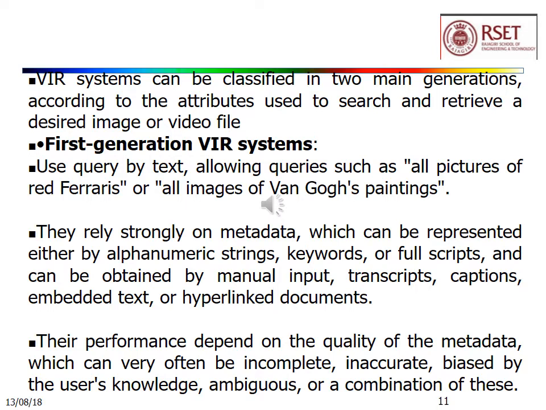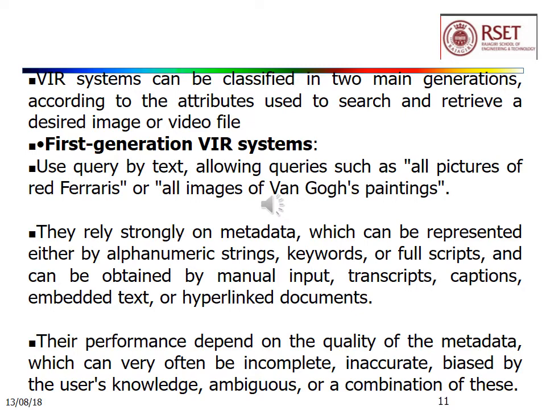A simple example is giving a query like all pictures of red Ferraris or all images of Van Gogh's paintings. Here they focus on the metadata, which can be represented by alphanumeric strings, keywords or full script, captions, embedded text or hyperlinked documents.